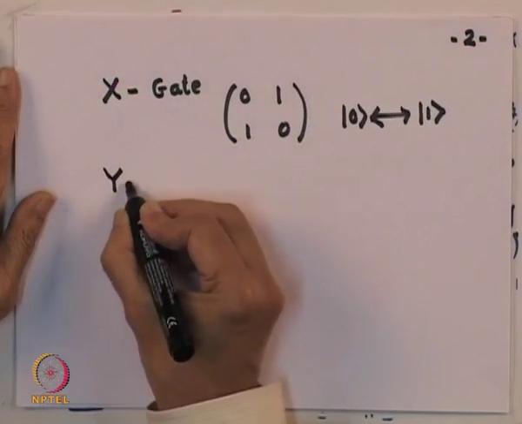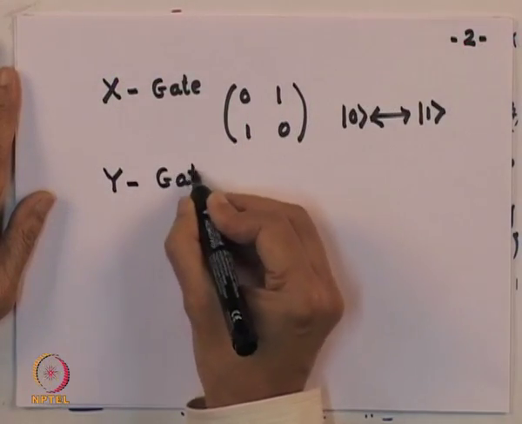Like the X gate, we have the Z gate, which changes the sign of the component 1, and also we have a Y gate which is given by a matrix very similar to the Pauli Y matrix. I will write it down because there seems to be a slightly different notation.